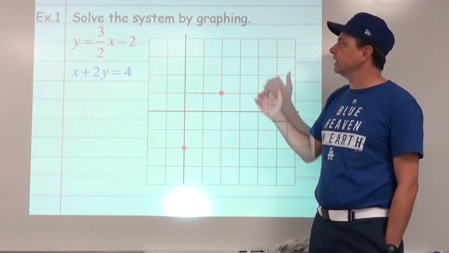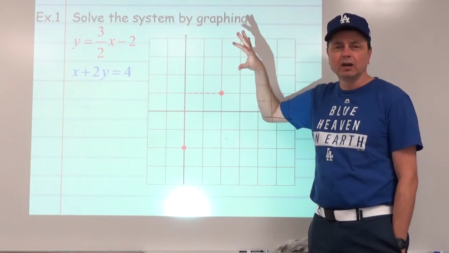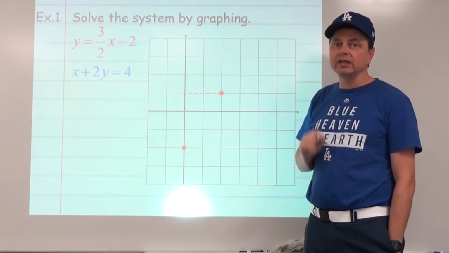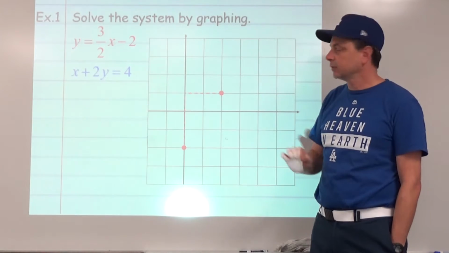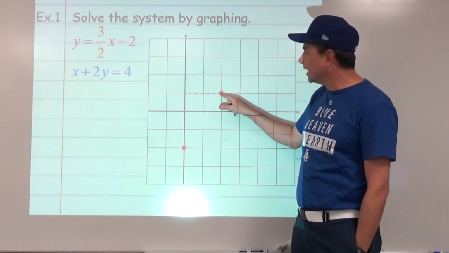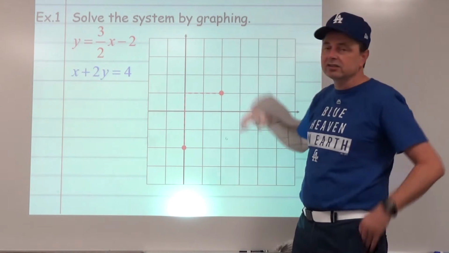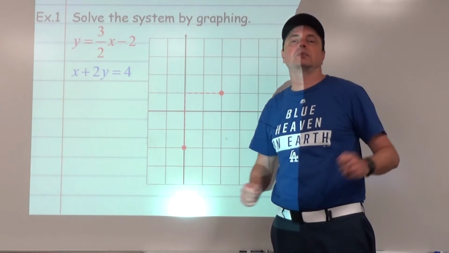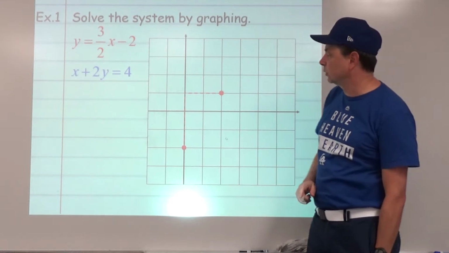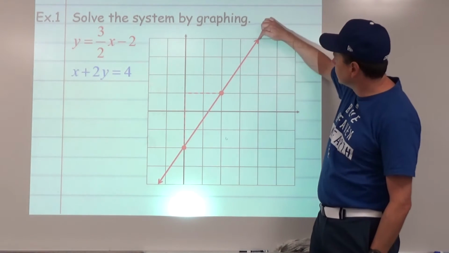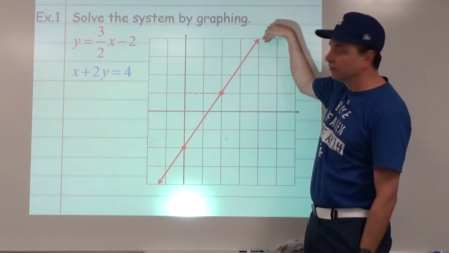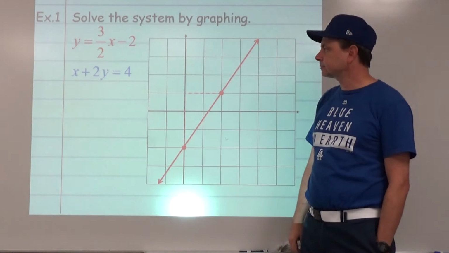If we're doing a system where we're graphing multiple lines, we need these to be very exact. So I might recommend we do that again, up 3, right 2, because the further we can get our points spaced out, the more accurate the line is going to be. So we might put a point there and then have a very accurate line.